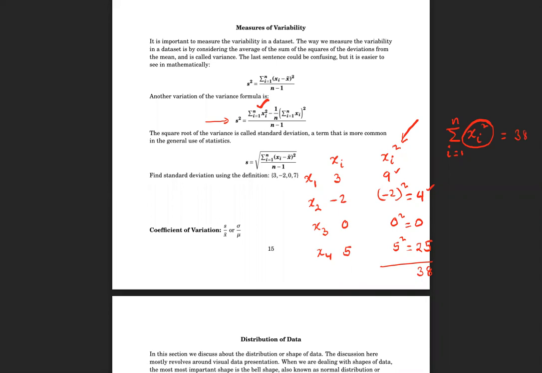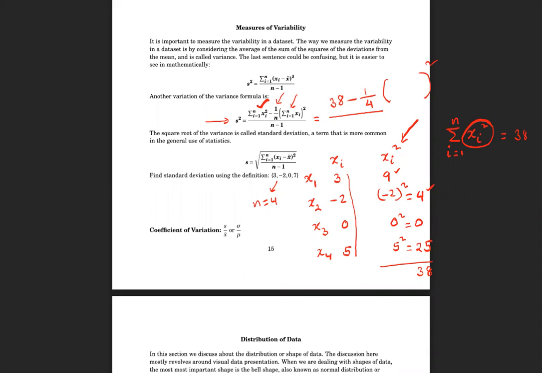So I'm going to put here, this is 38 minus 1 divided by n. n is the sample size. We have 4 data points here, so n is equal to 4. So it's going to be 4 times summation xi whole square. Summation xi means you need to add all of these guys, sum all the data points.